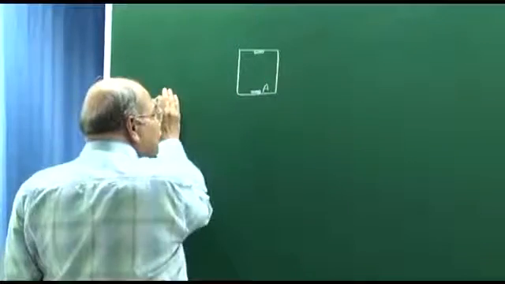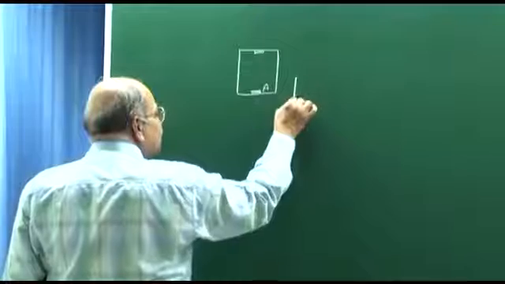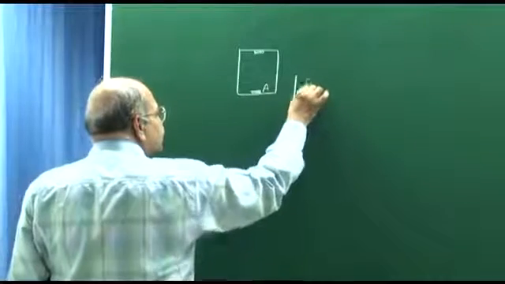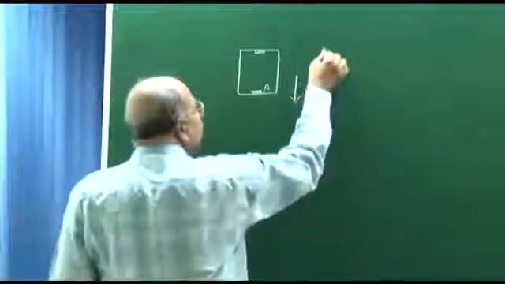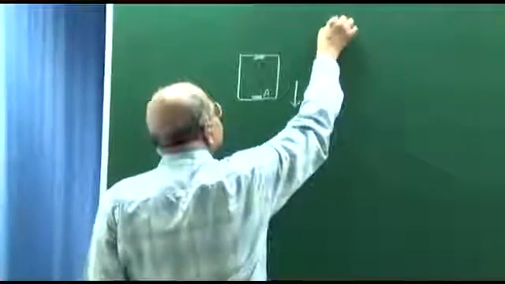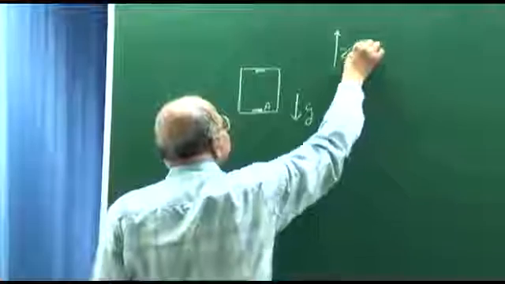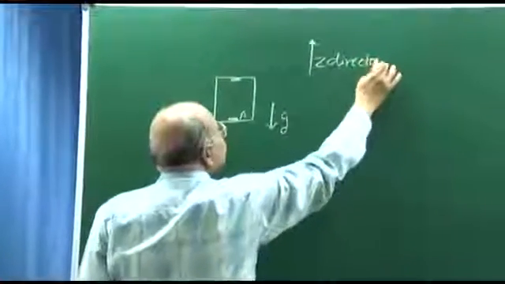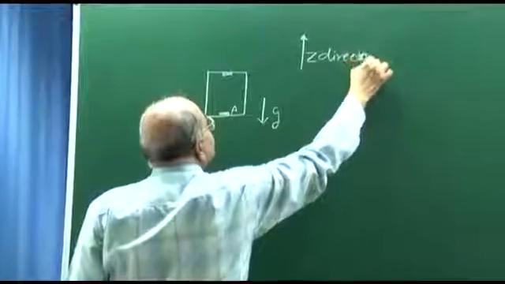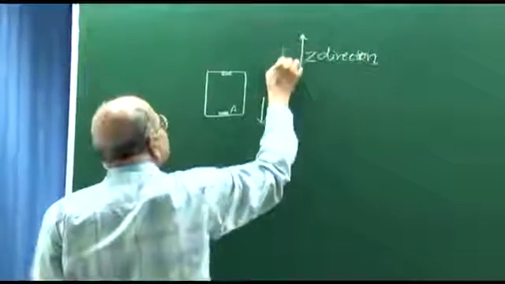So, in the inertial frame the box is going with an acceleration g downward. You can take the upward direction as the z direction, so that the unit vector in this direction will be written as k cap.